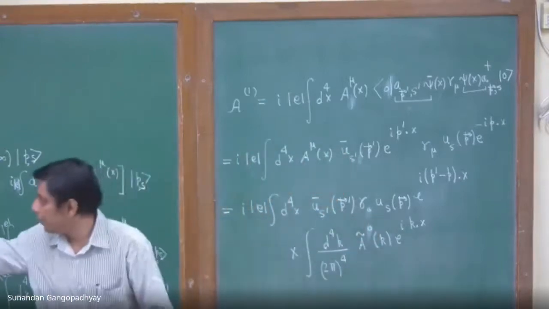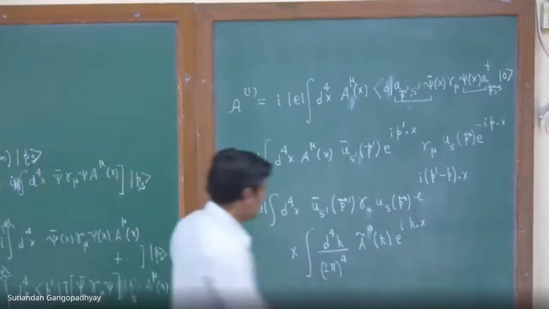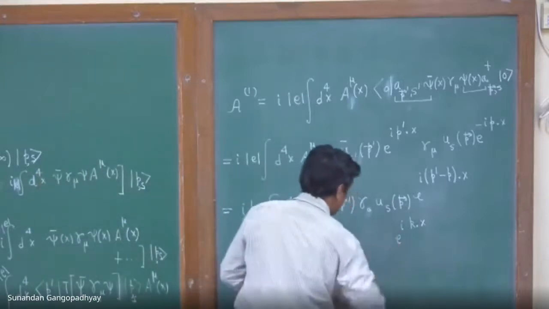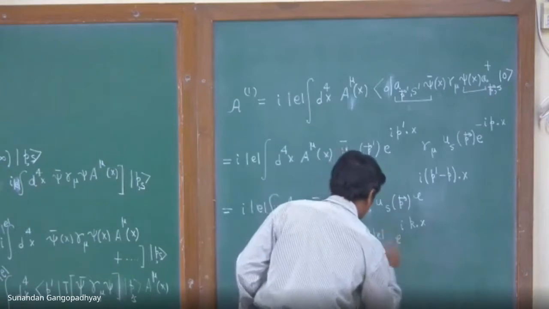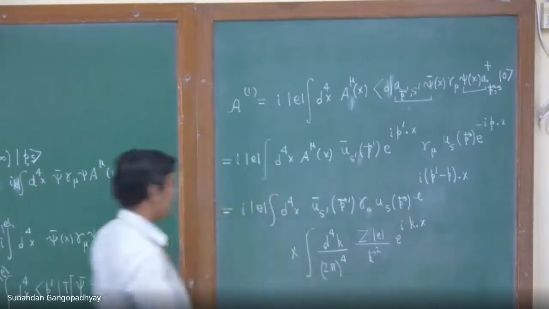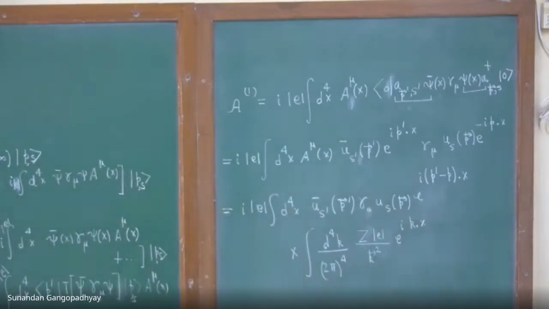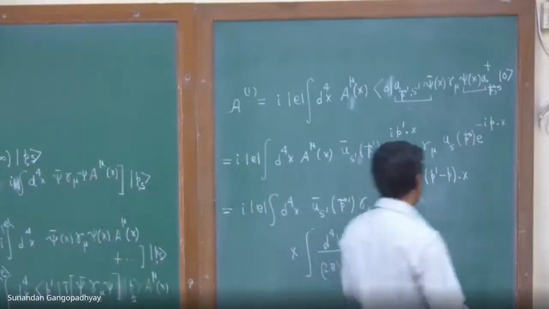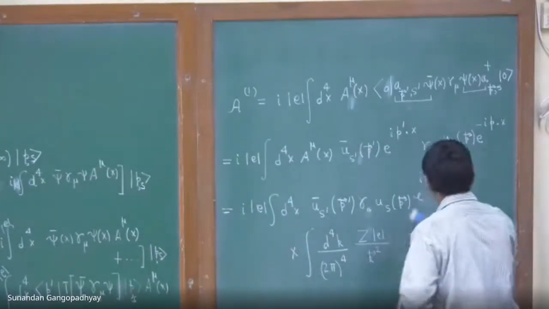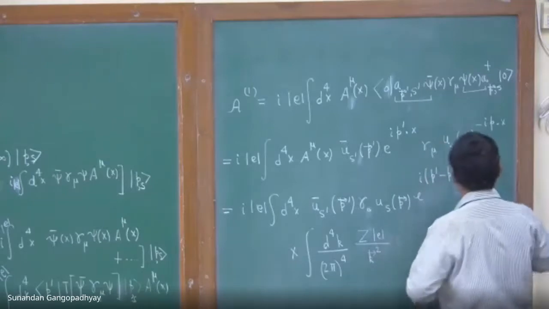But A tilde function of k, that is basically this. So this is what we have, and this e to the power of i k dot x.